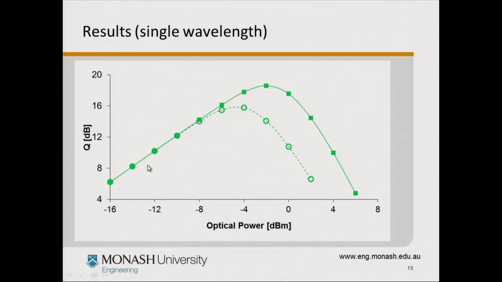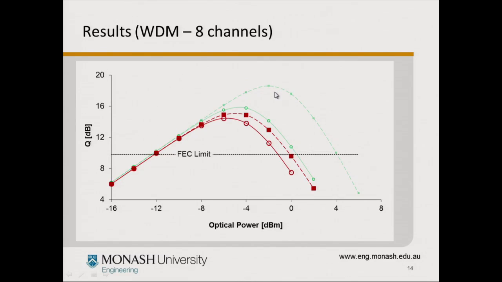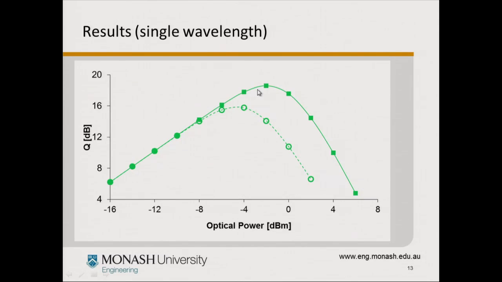And here the system with and without precompensation work about the same, because there's no fiber nonlinearity. As you start to reach high powers, the signal without precompensation falls over, and the compensation gives you your benefit. So it lets you reach a higher power before it falls over. Because it's approximate, it does fall over, and when it falls over, it looks exactly the same shape as the uncompensated case.